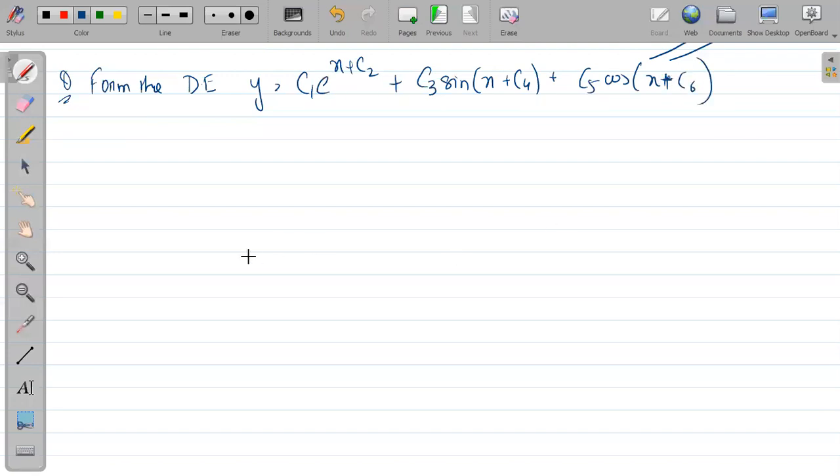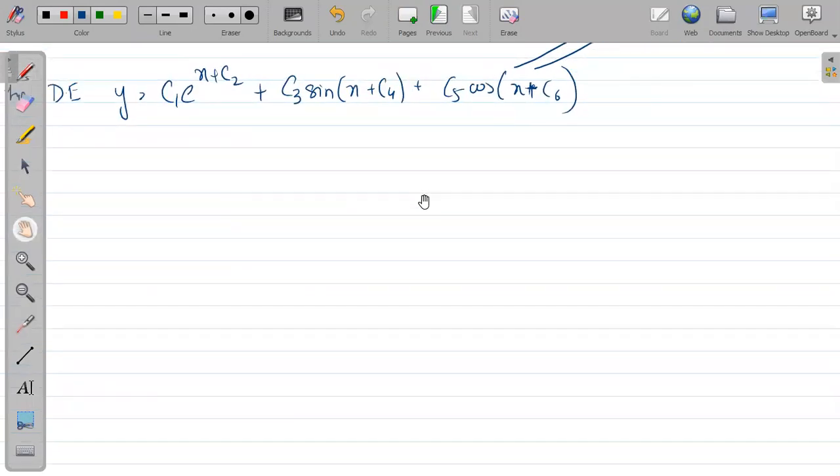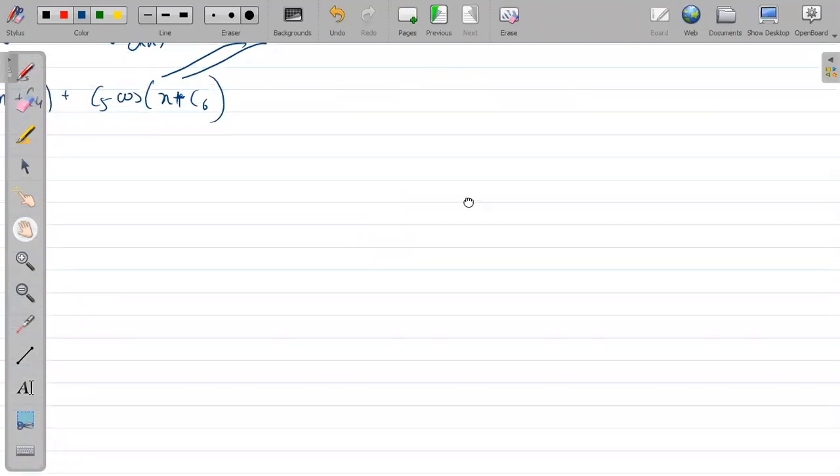How many arbitrary parameters are there? Independent parameters are there. Six. Check it out first, and see differentiation. How many times we have to differentiate this? So 3.